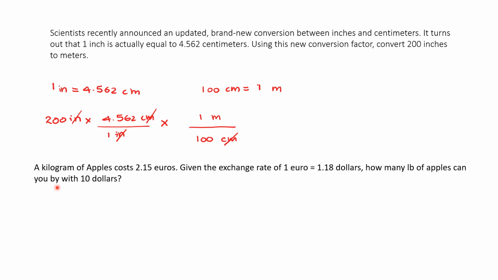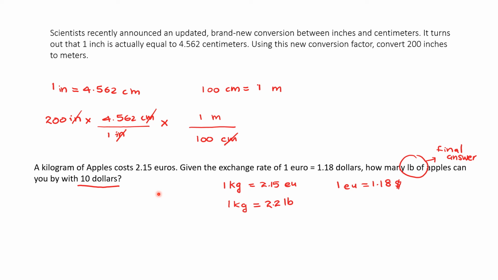A kilogram of apples costs 2.15 euros. Given the exchange rate of 1 euro equals $1.18, how many pounds of apples can you buy with $10? So your final answer is going to be in pounds and your subject is $10.